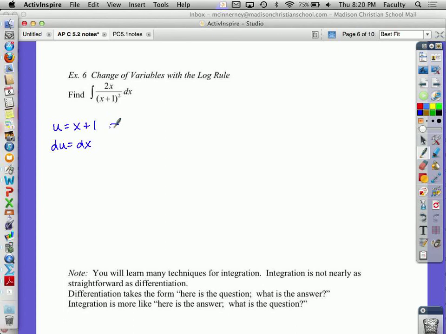So what I can do is if I subtract the 1, I can rewrite this now as the integral of 2 times u minus 1 over u squared du. Okay, do you see what I did? I solved this one for x by subtracting 1 and made it 2 times what x is equal to.